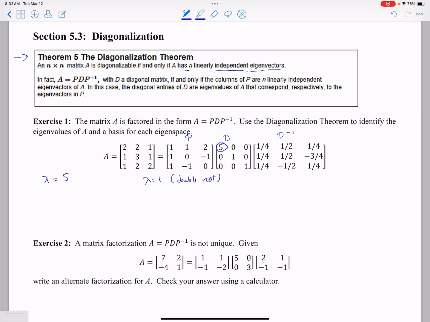The matrix P is made up of the eigenvectors corresponding to these eigenvalues. Because my 5 is first, this 1, 1, 1 is a basis for the eigenspace corresponding to lambda equals 5. A basis for the eigenspace for lambda equals 1 is going to be the other 2, again because it's a double root.